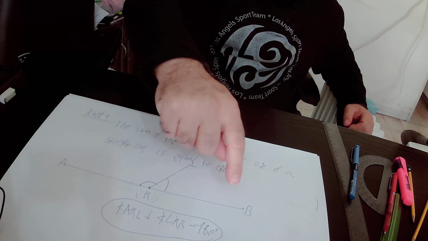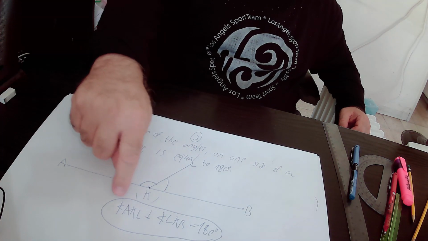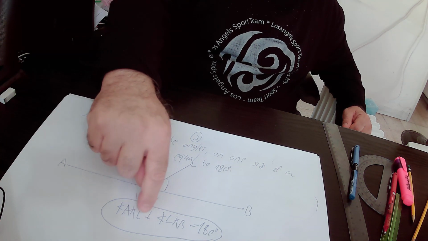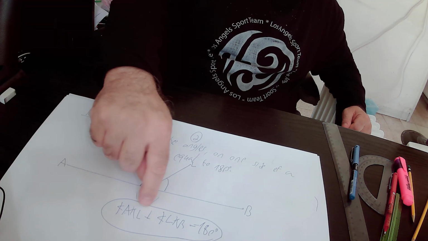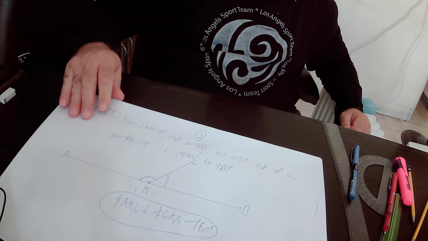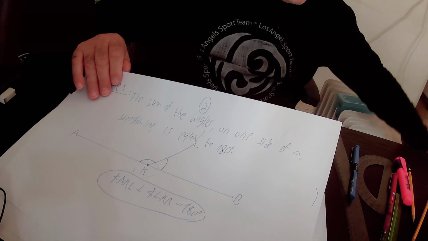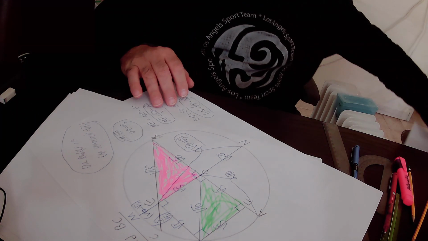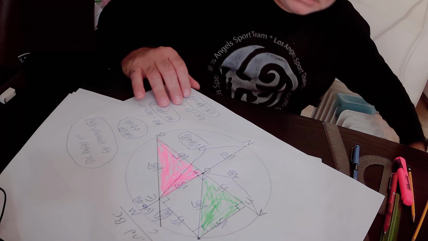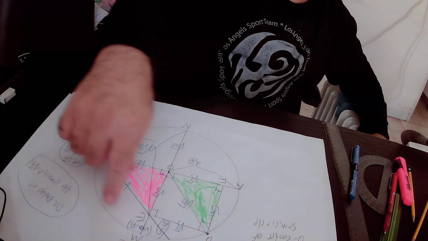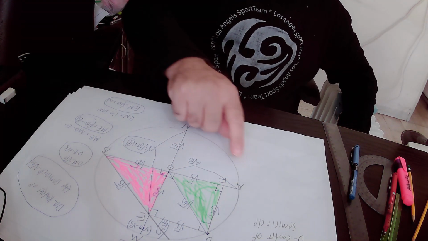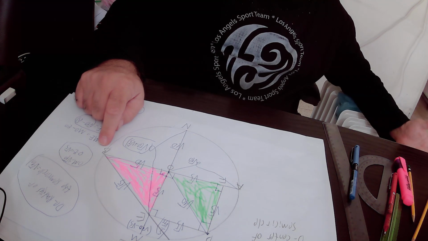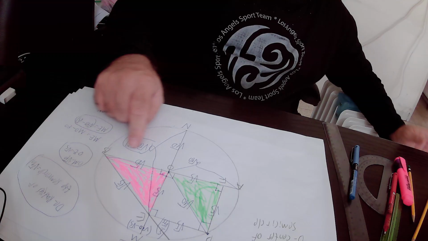On the lower side, the sum of the angles must also be equal to 180 degrees. We can implement rule number 1 in our drawing, because in our drawing we have a semicircle. AB is the diameter of the semicircle. It is absolutely a straight line.